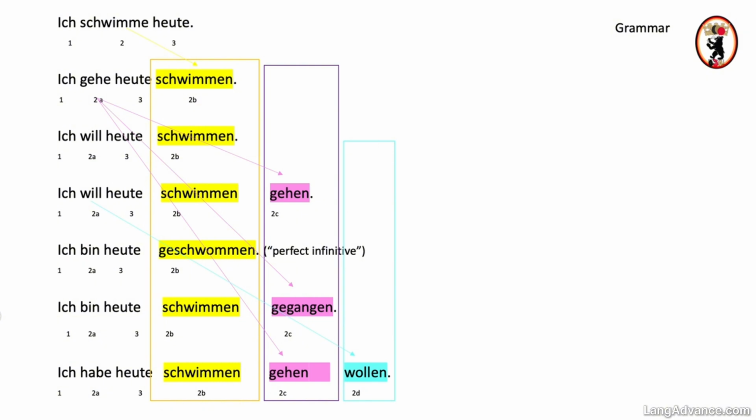Ich will heute schwimmen gehen. Here we have a priority 2 as well as a priority 3 auxiliary verb, and we have to determine which one goes where. We know that the main verb is in the last position because we compare it to the default. Ich schwimme heute. So we know that the schwimmen has to come after heute.